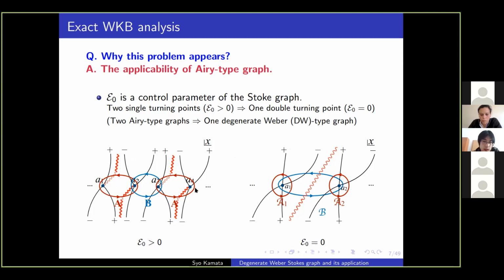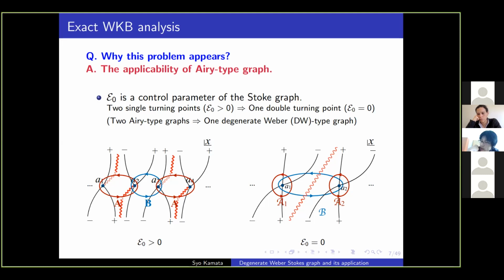A similar problem happens if you consider the superpotential. In this case the superpotential has simple zeros, but if the simple zeros collide, you get a similar problem. As far as my concern, of course it depends on the form of the potential.